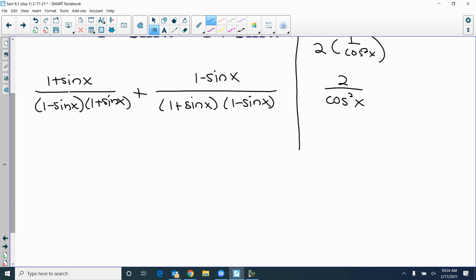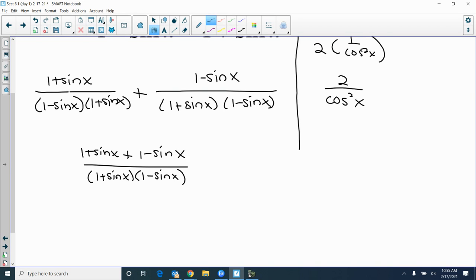Okay. I have a common denominator. I can make this 1 plus sine of x times 1 minus sine of x. Okay, just as 1. And now I can take 1 plus sine of x plus 1 minus sine of x. Okay?